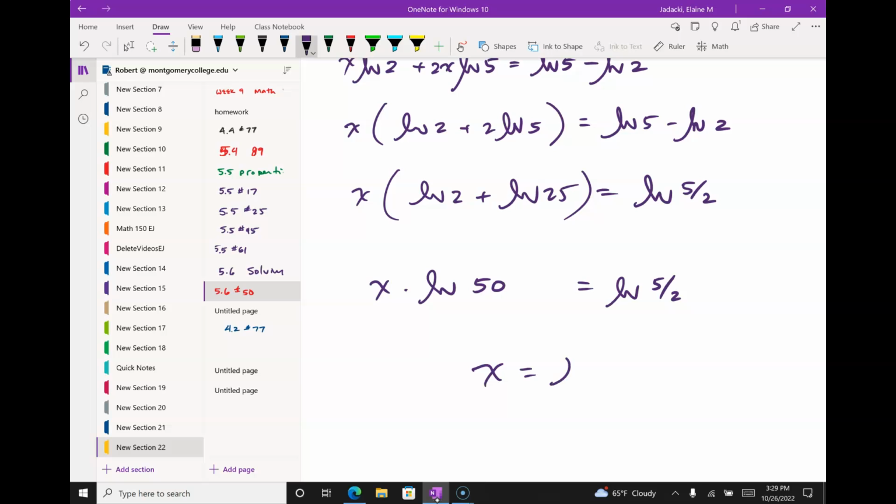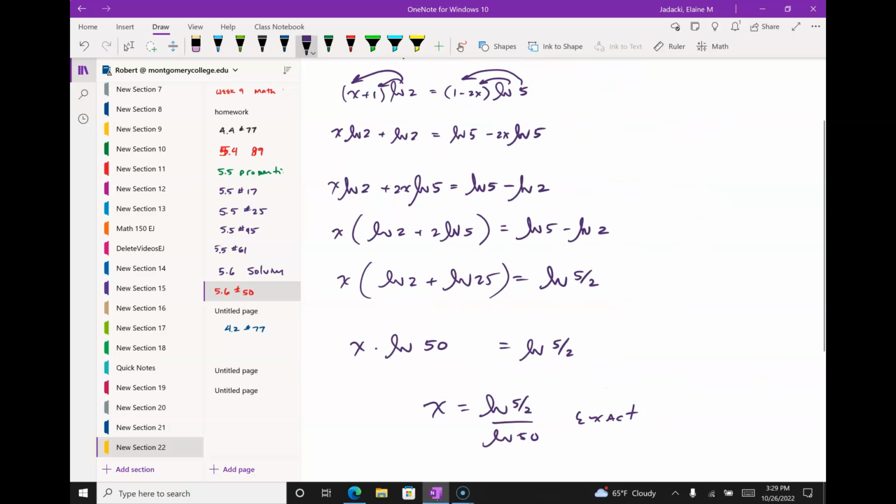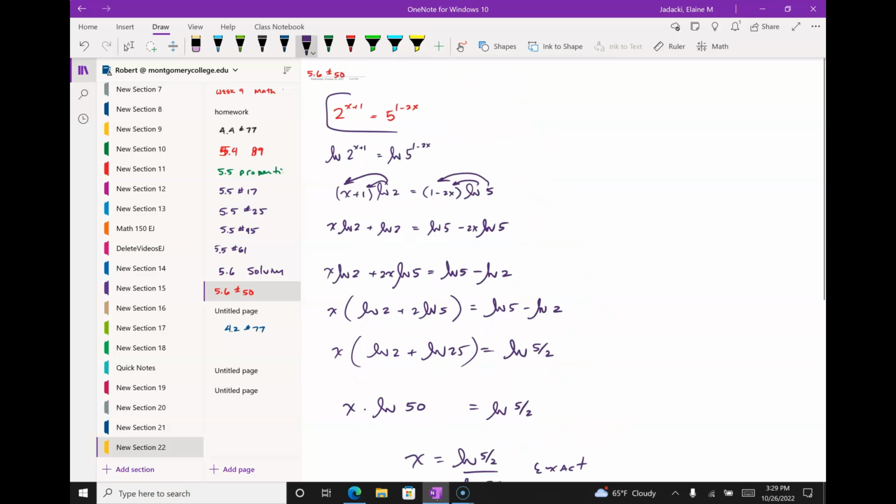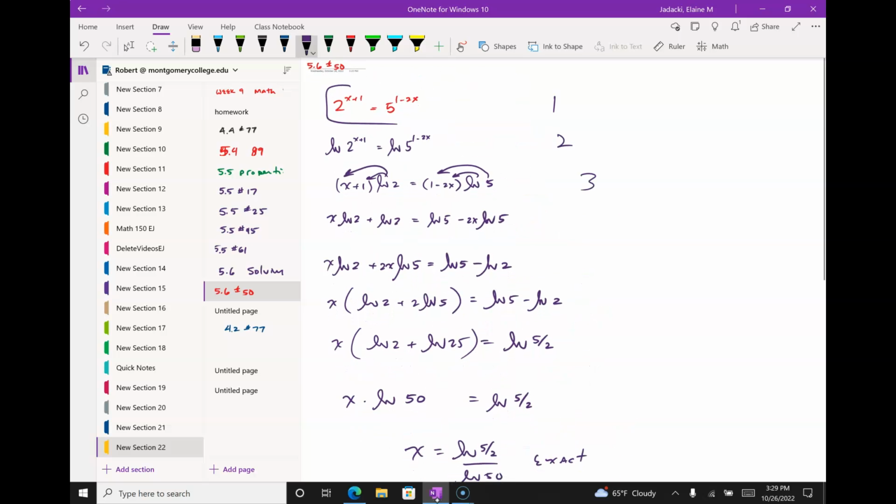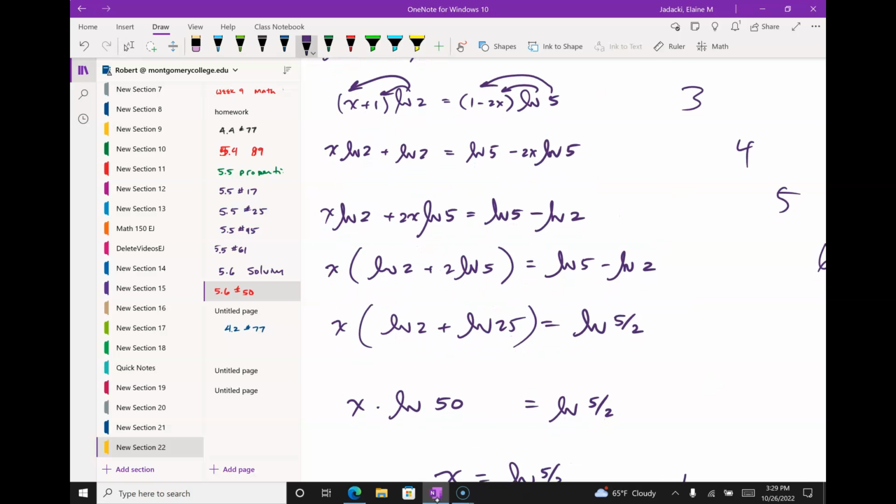So x equals the ln of 5 halves over the ln of 50. There's my nice exact answer. Yep, so you got ln of 2 plus 2 ln of 5. So then it's ln of 25? Yep, because it becomes the exponent of the argument, 5 squared.